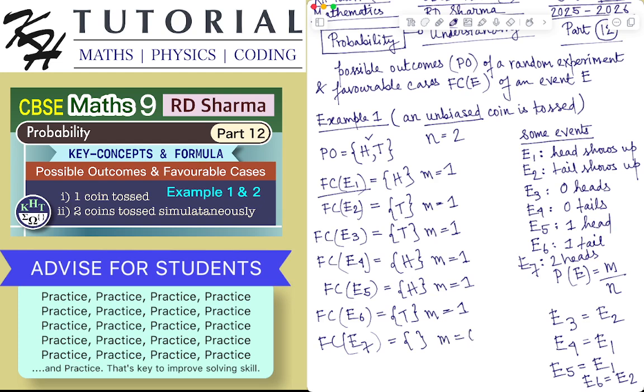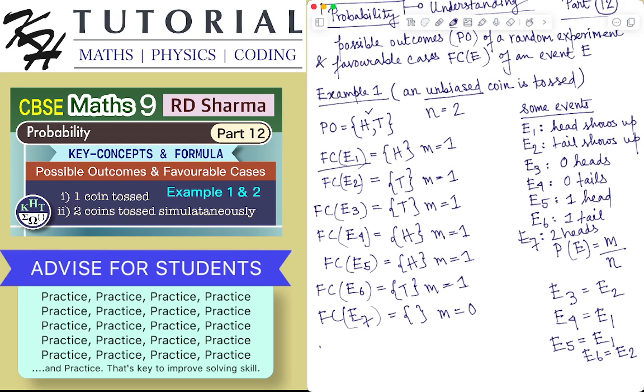So m is 0. Once you know the value of small m for all these events, you can easily find the probability of all these events. Probability of E1 will be equal to its m value divided by n, which is 1 by 2. Similarly, probability of E6 will also be equal to 1 by 2, and probability of E7 will be 0 by 2, which is equal to 0.